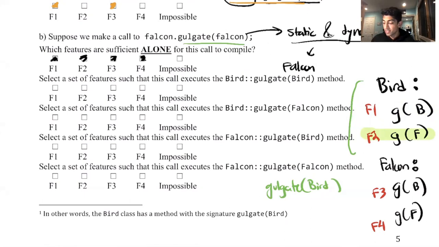The quick intuition there is that since the static type and dynamic type are Falcon, we have access to gulgate methods that take in Falcon and bird, and we have access to the bird class's methods through inheritance. Using that logic, if any one of f1 through f4 existed and nobody else existed, the code would compile and f of i would get called.